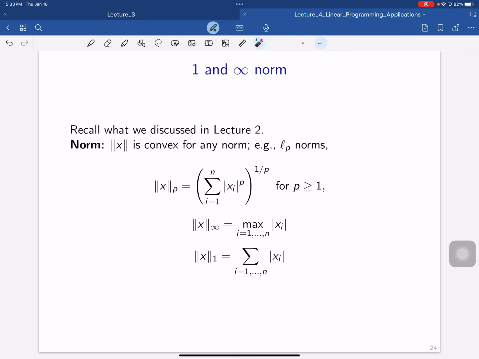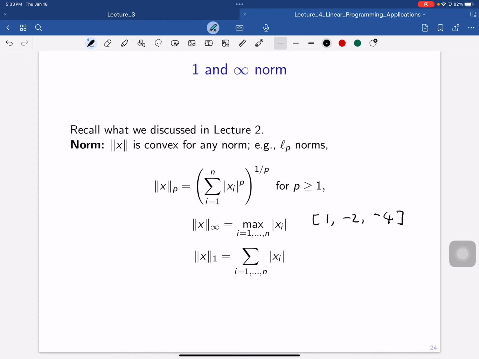Okay, so remember the infinity norm is, let's say x is n dimension. You just pick the maximum value among all the absolute values of each entry of x, right? That's the infinity norm. See, some of you look confused. So let's say we have a vector which is 1, minus 2, and let's say minus 4.